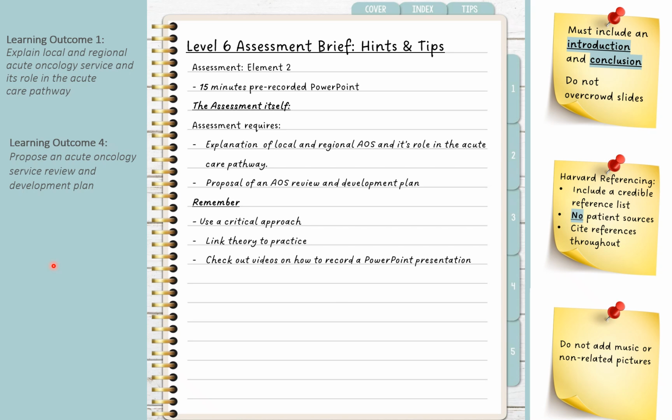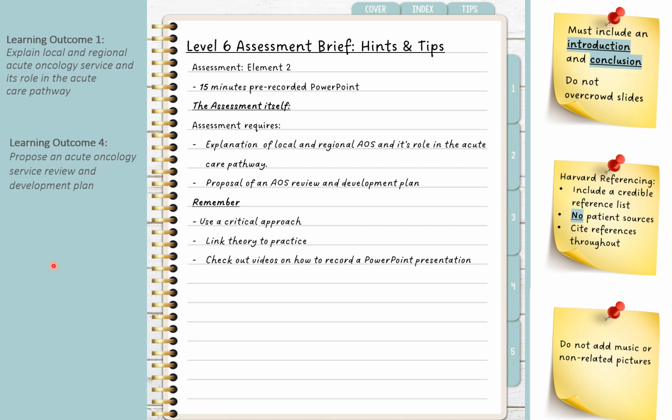Check out the videos on the playlist on how to record a PowerPoint presentation. It's a lot easier than you think, and as I say, you'll find these playlists on Moodle. You will need to include an introduction slide at the beginning and end with a conclusion slide. Don't overcrowd your slide with loads of text and pictures and things.